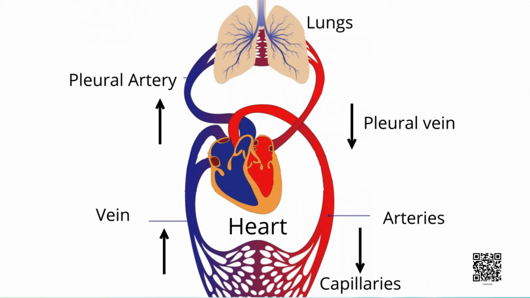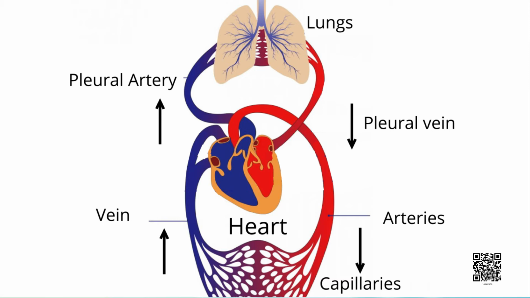Arteries carry oxygen-rich blood from the heart to all parts of the body. The arteries have thick elastic walls. Veins are the vessels which carry carbon dioxide-rich blood from all parts of the body back to the heart. The veins have thin walls.